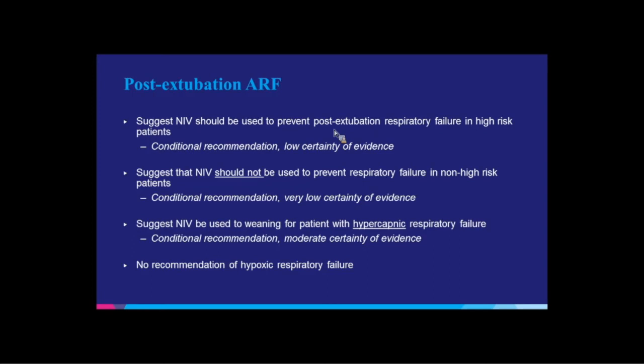They suggest we use it in high risk patients, and not use it in low risk patients. And they suggest that non-invasive ventilation be used for weaning for patients with hypercapnic, not hypoxic, respiratory failure. They make no recommendation about what to do for hypoxic respiratory failure.